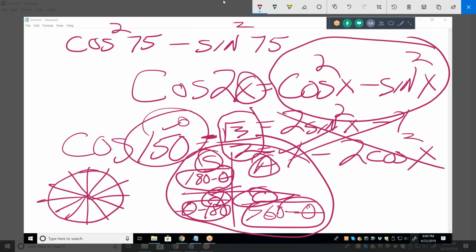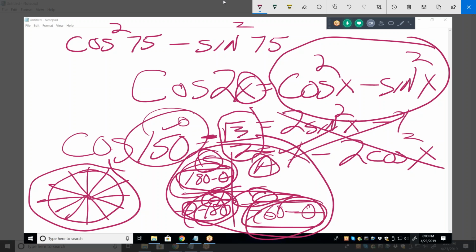Once I've done those things, I can tell you any trig function for any angle in the unit circle that is a multiple of 30, 45, or 60. So you don't need to memorize 16 things. That's ridiculous that they even suggest it. What you have to memorize is 3 things, 4 things, and then 4 more things, all your first quadrant angles.